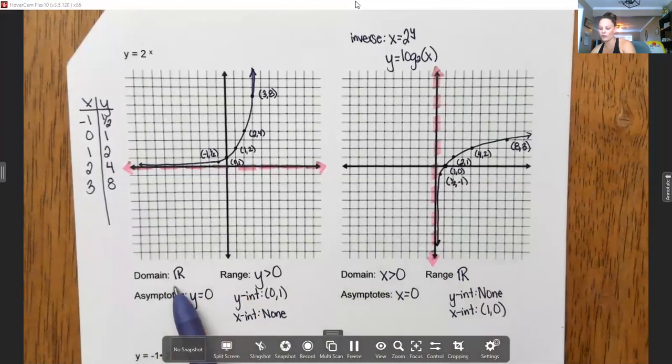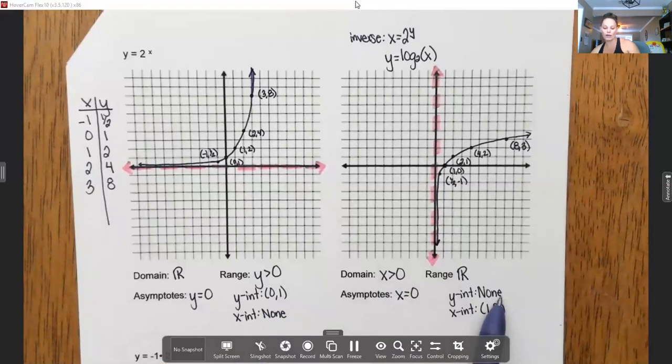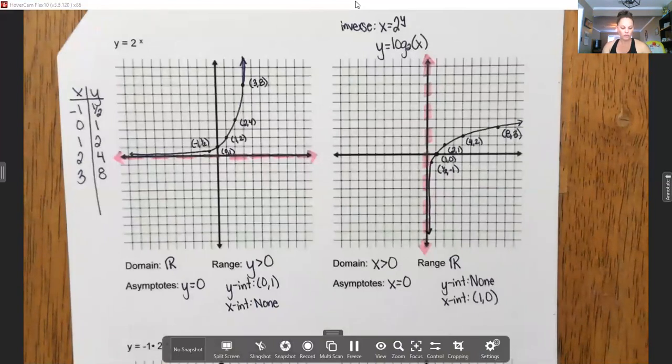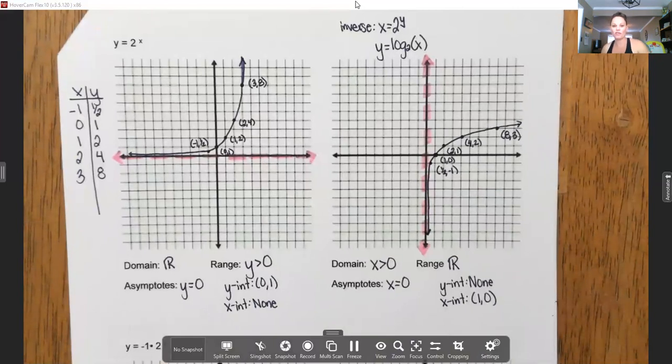The domain here was all real numbers, so the range here is all real numbers for the inverse. Y is greater than 0, so that means x is greater than 0. There was no x-intercept here, which means there's no y-intercept here. Any questions on that one before I move the page down?